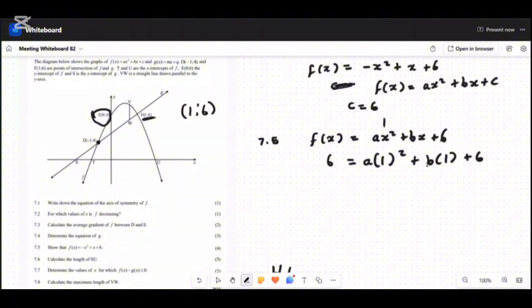And eventually, if I transpose 6 to the other side, I'm going to have 0 is equal to, what is a multiplied by 1 squared? It is just a plus 1 times b, that is b. So this is my equation 1, right? Then I'm going to use the other point, which is point D, right? I'm going to use point D now.